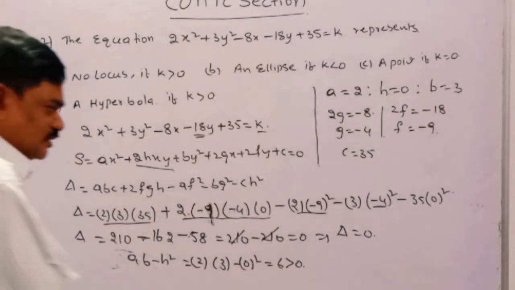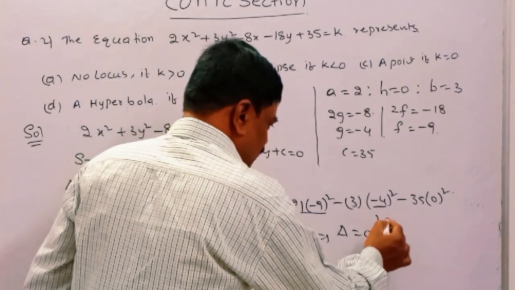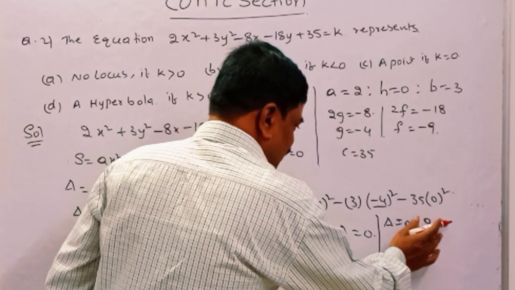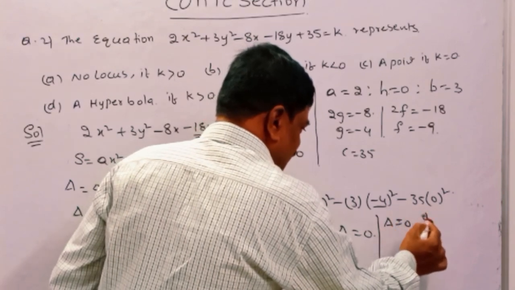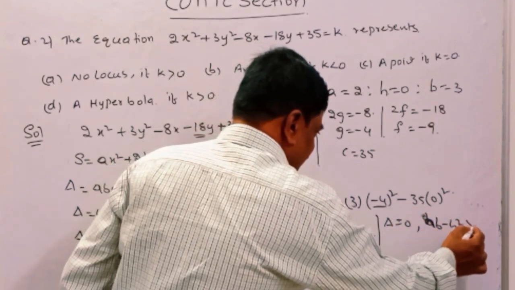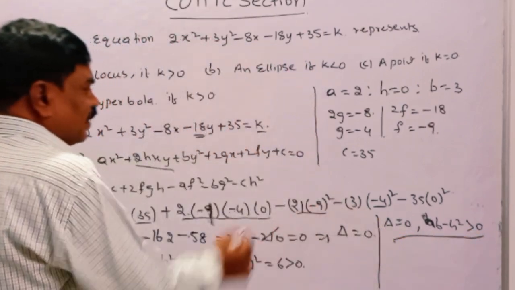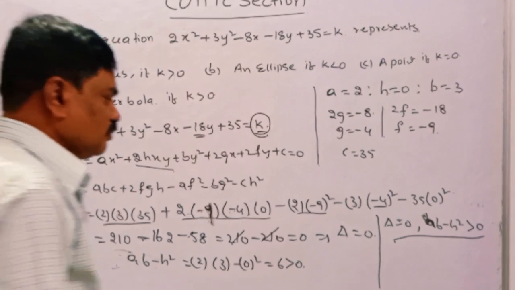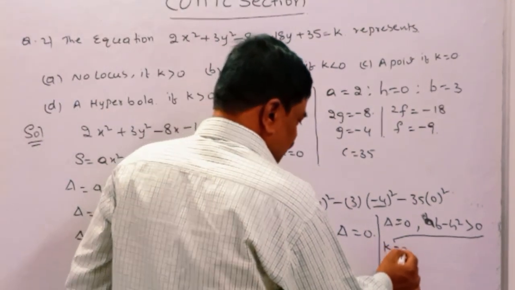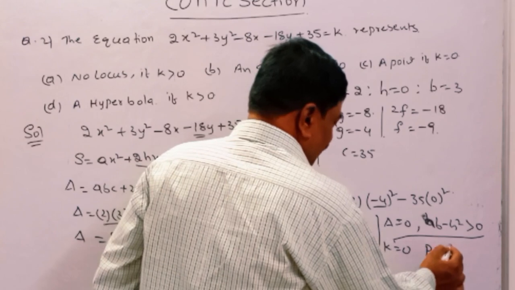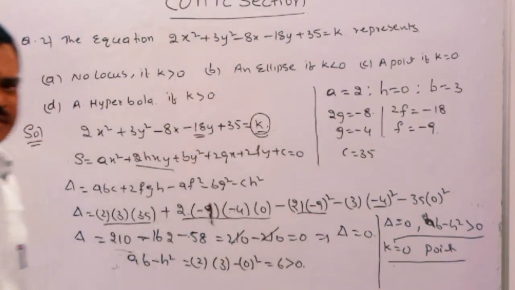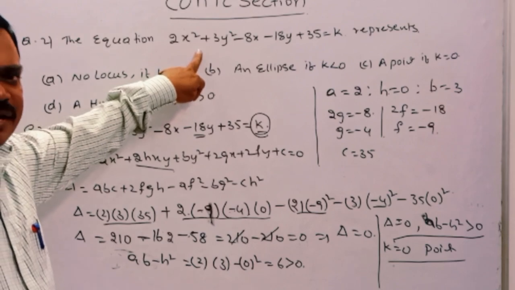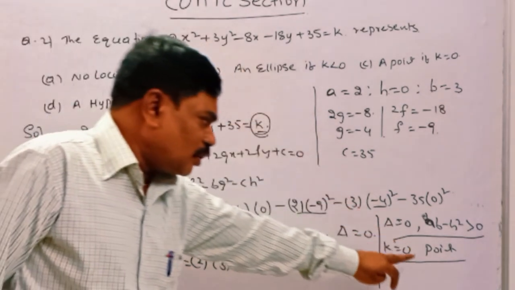So delta = 0 and ab − h² > 0. When k = 0, this conic equation represents a point.